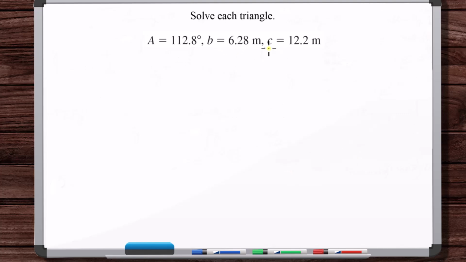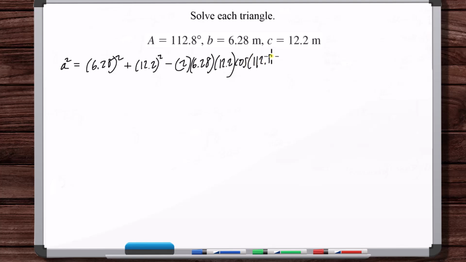So we see we have two side lengths and an angle. Maybe it's side-side-angle, ambiguous case of law of sines, but we don't have the side opposite of the angle we have. So it's side, angle, side. So law of cosines, we can solve for that side length opposite the angle. Okay, so the sum of the squares of the adjacent side lengths, minus 2 times the product of the adjacent side lengths, and then cosine of the angle that we are dealing with.